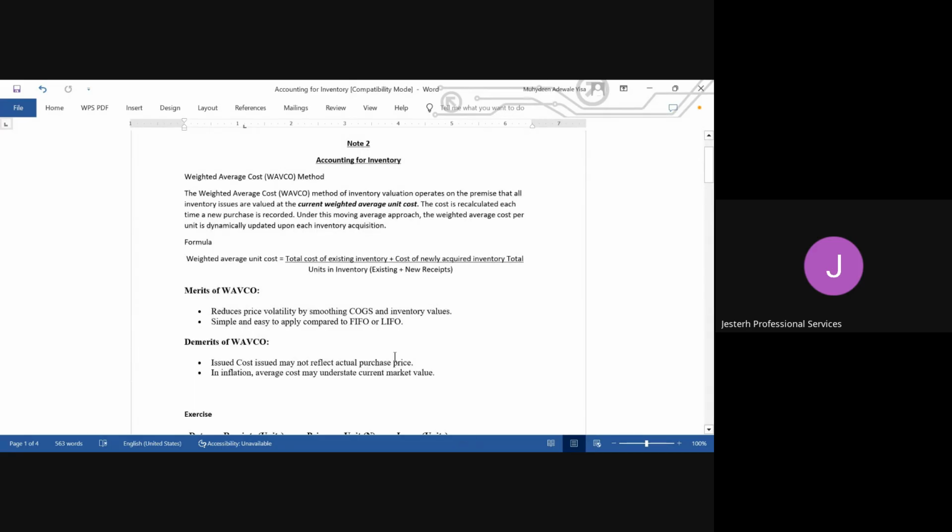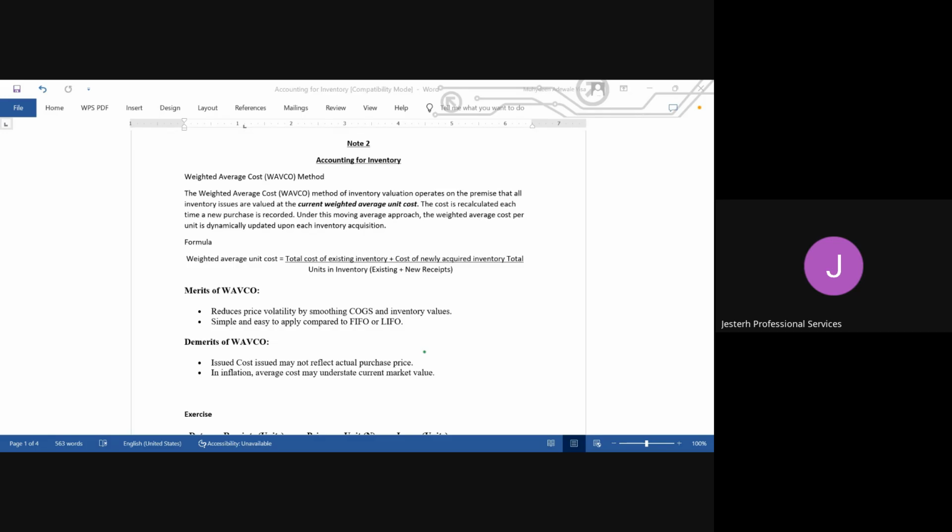In our last class, we were able to talk about some of the methods that we use in inventory valuations, where we were able to treat first in, first out, as well as last in, last out.